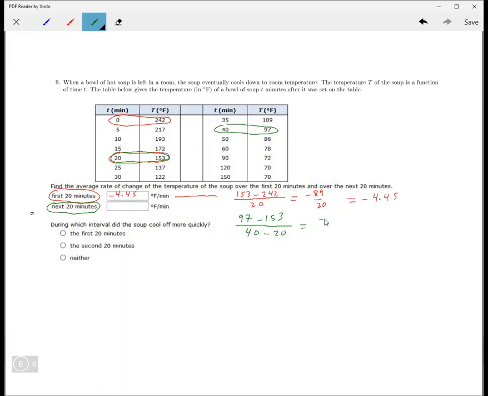So it's negative 56 over 20, which turns out to be negative 2.8. For the next 20 minutes, the soup went down by an average of 2.8 degrees per minute. And so in the first 20 minutes, it was cooling off more quickly.